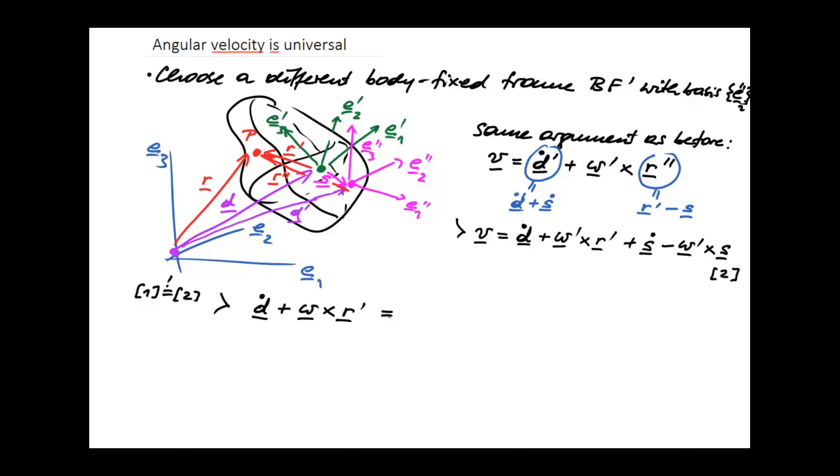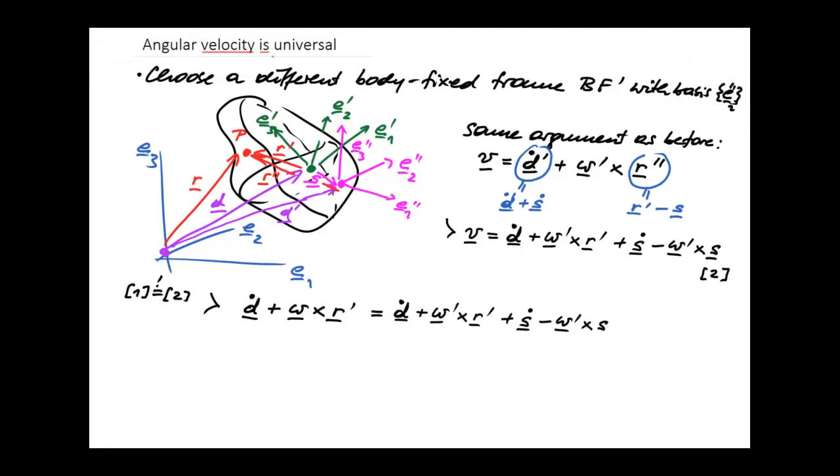Formula number 2 says that the velocity is given by that formula here. So these two must be equal. You see that the d dot cancels out.